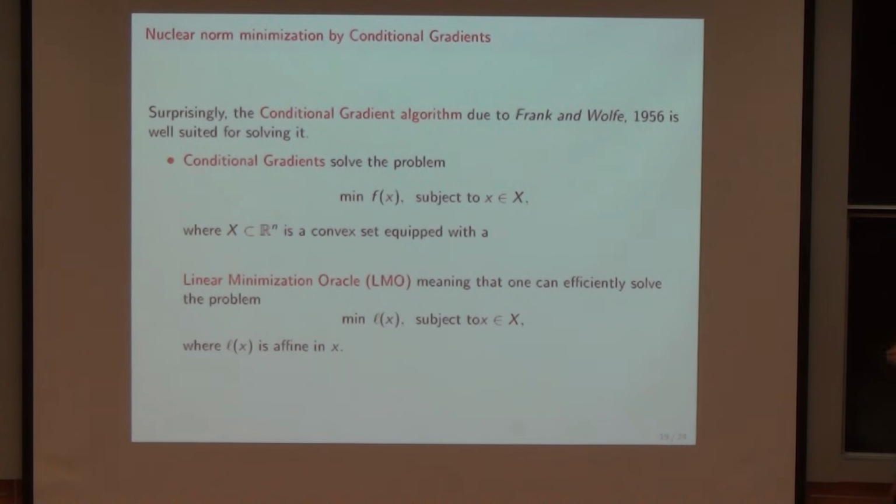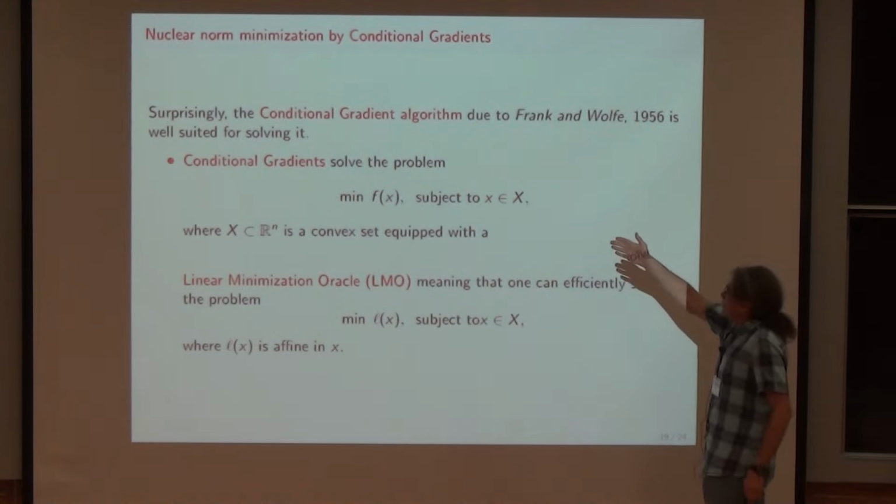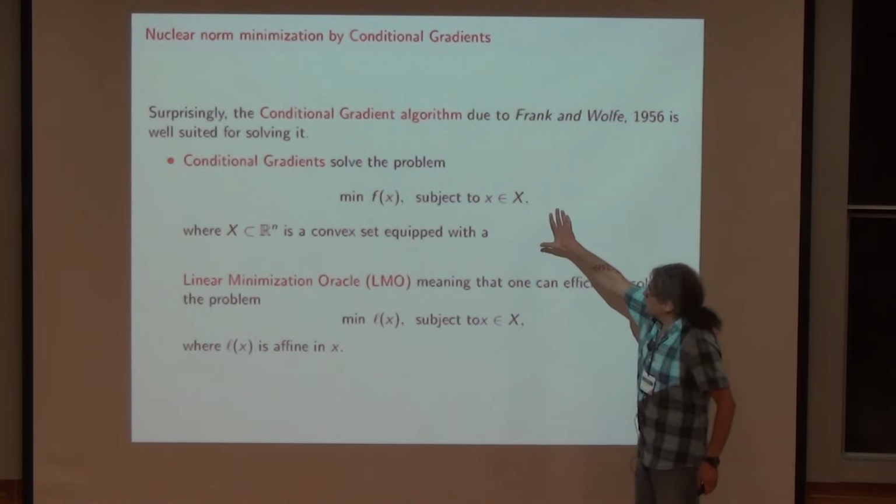Now, there is an old algorithm, which is probably the first known algorithm of constrained convex optimization, due to Marguerite Frank and Philip Wolfe, developed in 1956, which is simpler even than gradient descent. This is a method of smooth convex optimization, where you want to minimize the function on a convex set.